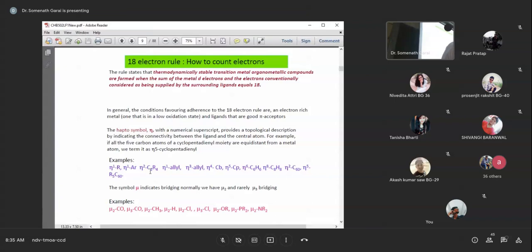Enyl means there will be an anion, correct? So can you draw cyclopentadiene first, then put an anion and show me how it will look.